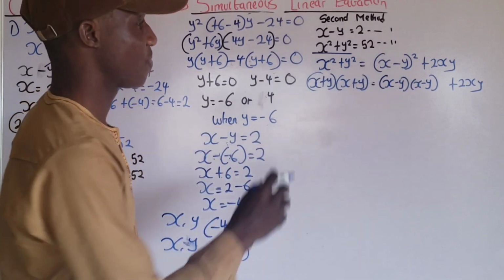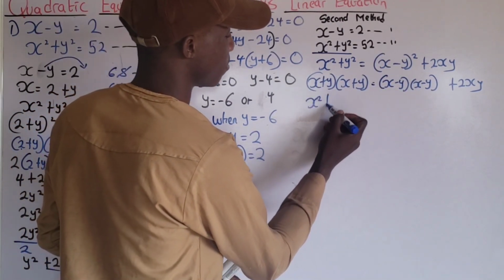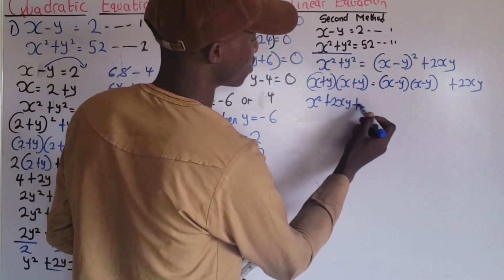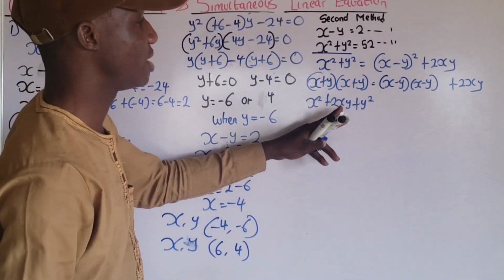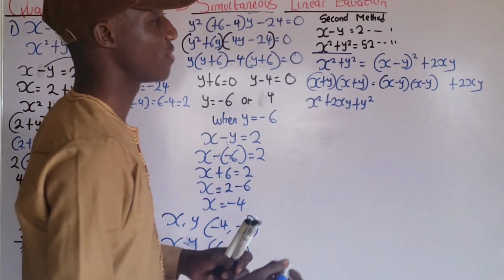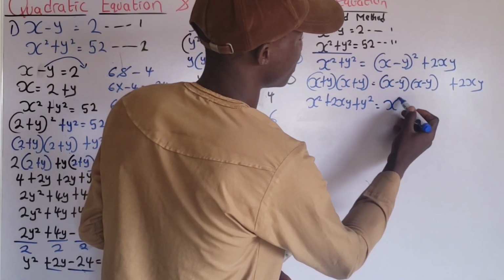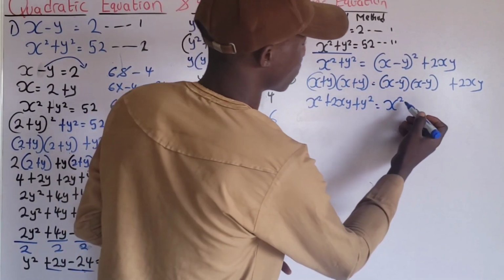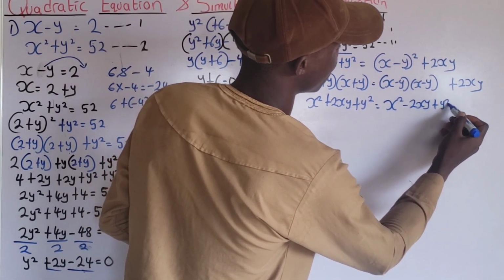For the left hand side, I'm going to have x squared plus 2xy plus y squared, the expansion of this. For the right hand side, we're going to have x squared minus 2xy plus y squared.